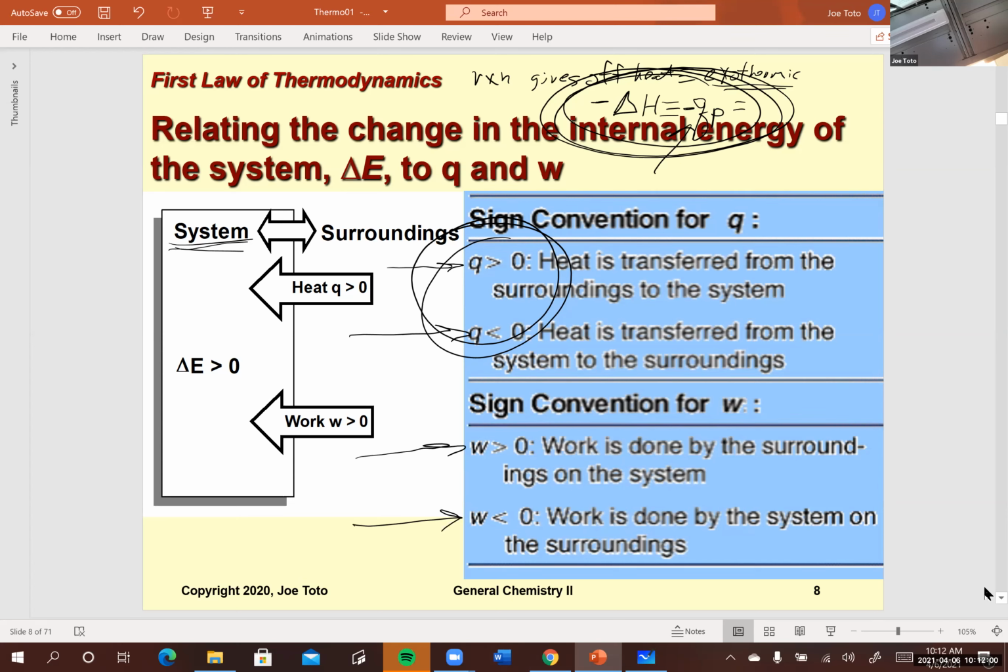So if you can remember the comparison to delta H, which you already have a pretty good idea how that works, exo and endothermic, then it's an easy step to rationalize the sign of Q, and then W follows in line. Any questions on that?